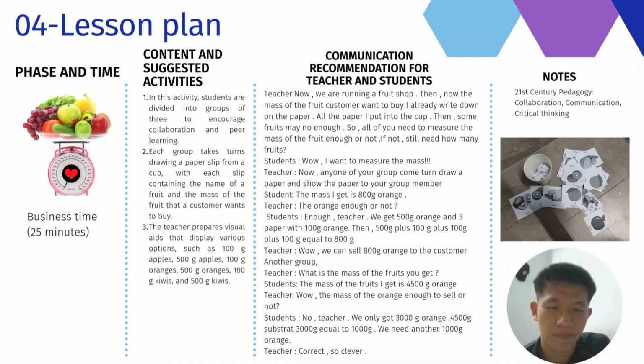No, teacher, we only have 3,000 gram orange. Then not enough. 4,500 gram subtract 3,000 gram equals 1,500 gram. We need another 1,500 gram.